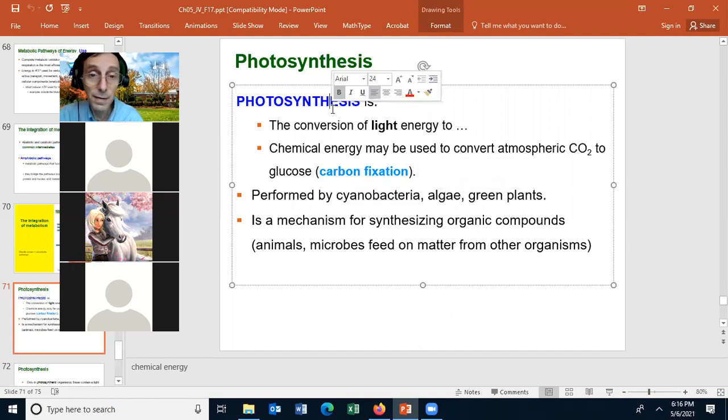Photosynthesis can also happen in bacteria that do not make oxygen, but we're not going to talk about that now. Anyways, photosynthesis is a way of synthesizing organic compounds, like glucose, which animals and microbes need to feed on. And they get these molecules from other organisms, such as green plants.